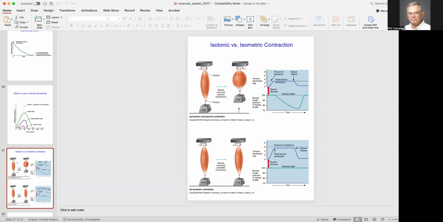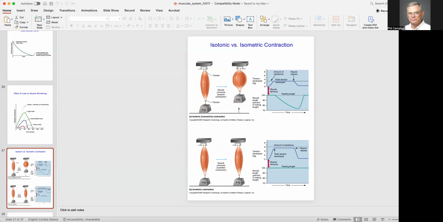We shorten the muscle and pick up the weight, right? So what you see here is that we're generating tensile force of 3 kilograms, which is enough to overcome load resistance, and the muscle physically shortens and we lift the weight. That's isotonic, which means that we get a physical shortening of the muscle.